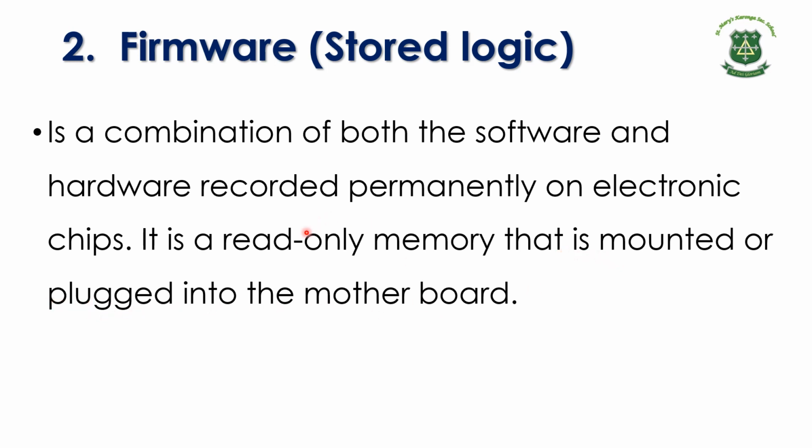Basically, when we talk of the firmware, it is a combination of software and hardware recorded permanently on the electronic chips. So we talk of the ROM, the read-only memory. That is an example of the firmware.